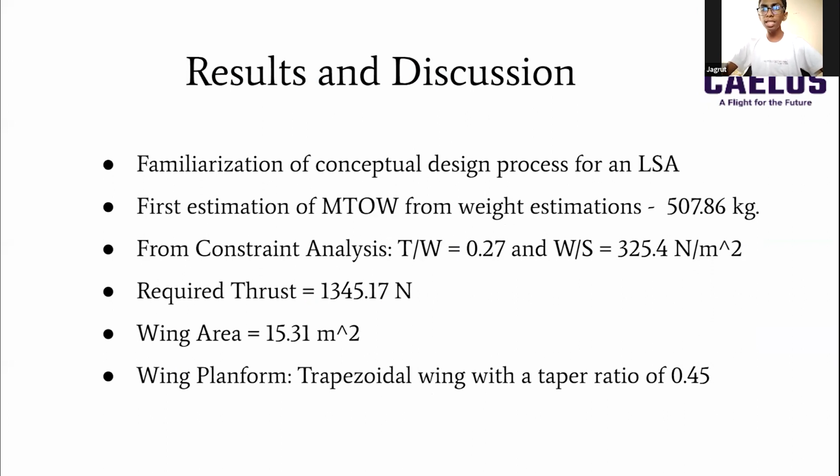From constraint analysis, we have got thrust to weight ratio as 0.27 and wing loading as 325.4. Then required thrust is 1345.17. Wing area is 51.31 meters square. Wing planform is a trapezoidal wing with a taper ratio of 0.45.